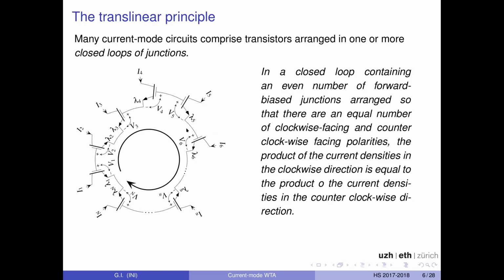I realize this is not any clearer than the other definition, but maybe if we go through the circuits, it's going to become clear. And as I said, just interrupt me at any time when we go through these slides.